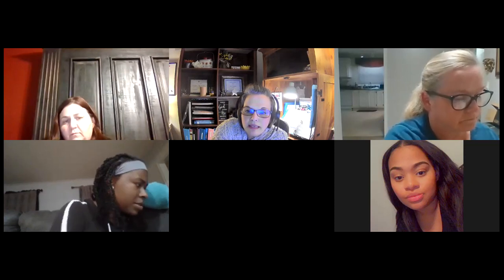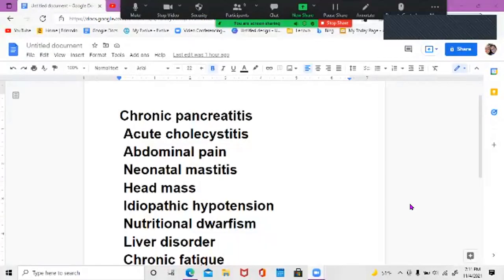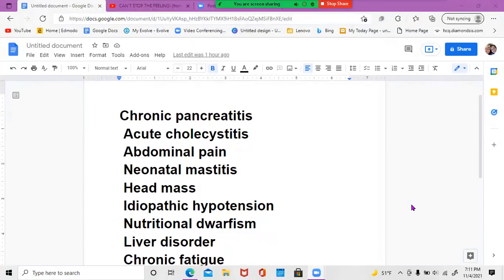Okay, so we're looking up acute colitis. So I found colitis. Okay, I do see acute. Says K81.0.